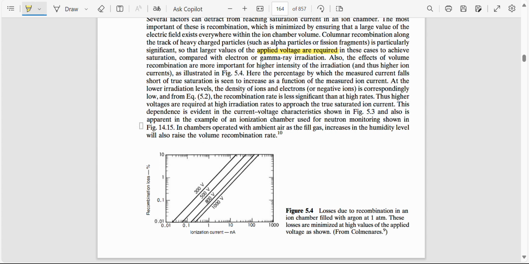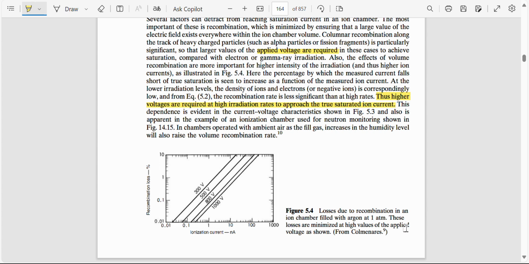Thus, higher voltage is required at higher irradiation rate to approach the true saturated ion current. So if you want to approach the true saturated ion current, you have to apply more external voltage. This dependence is evident in the current voltage characterization, as I mentioned in the figure.